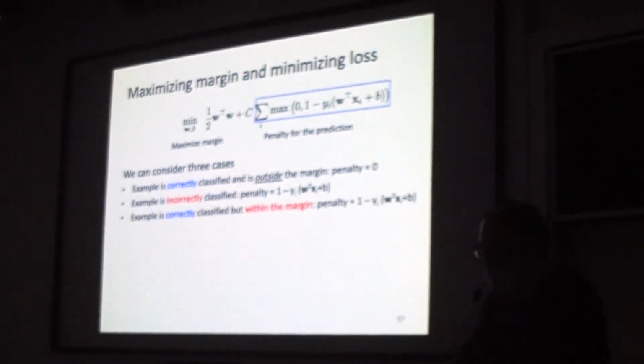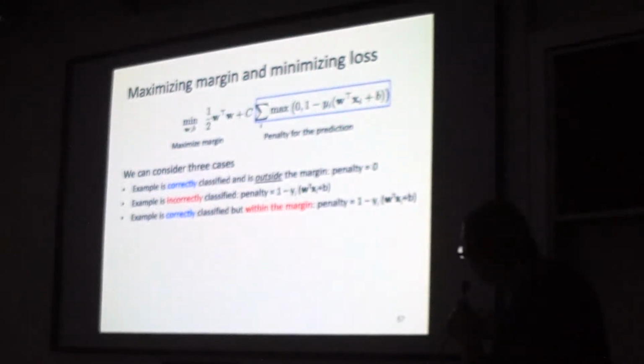And the third case is a little special for support vector machines. Even if you correctly predict the example, if it is too close to your classification hyperplane, you still suffer a penalty. Let's see the case. It is correctly classified, so the function margin is not negative.